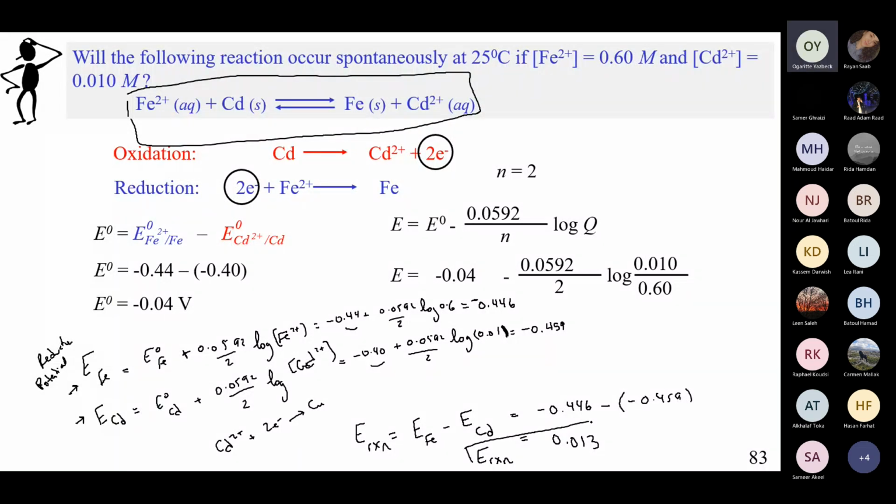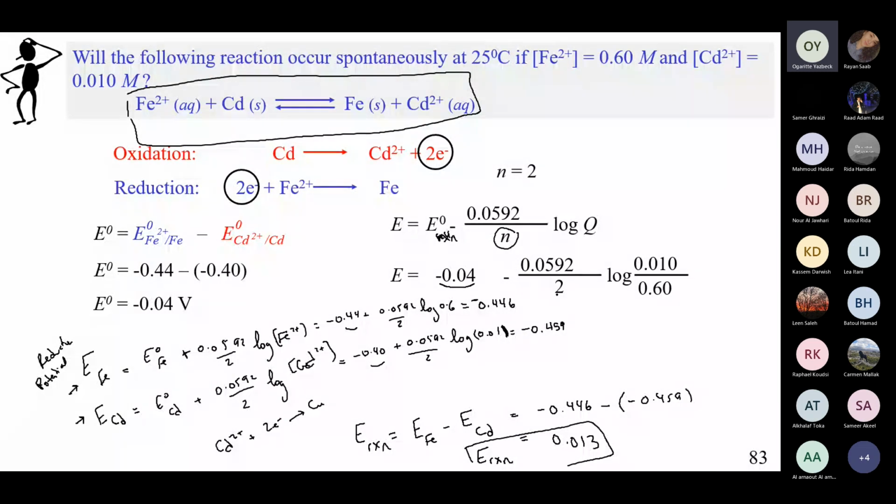What did I get? 0.013. I want to show you that if I had used the Nernst equation, where I put Q for the overall reaction, and E is E of the cell, meaning E cathode minus E anode by itself. I solve it: E reduction minus E oxidation, because it's a reaction, so E naught of the reaction, minus 0.0592 divided by the overall number of electrons transferred.